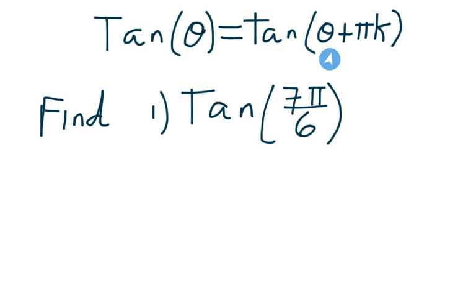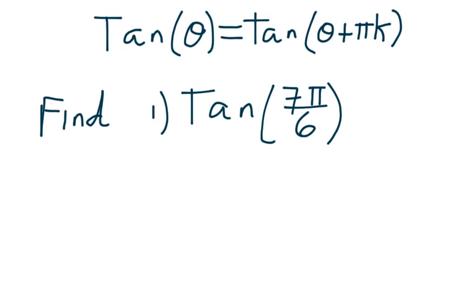In other words, this is going to be the same as tangent of theta. So if you take any angle theta and you add pi times k, where k again is any integer, the output from tangent will be the same. Okay, so let's work with this.